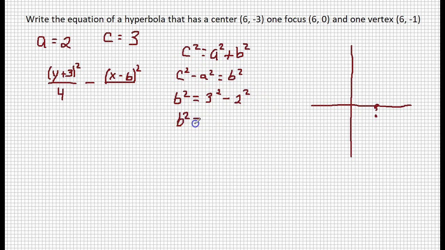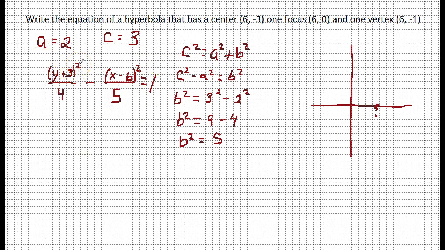So b squared equals 3 squared is 9, 2 squared is 4, 9 minus 4 is 5. So b squared is 5. I do not have to find the value of b. I only need b squared. Now, here is 5, and then we say equals 1. This is my equation right here.